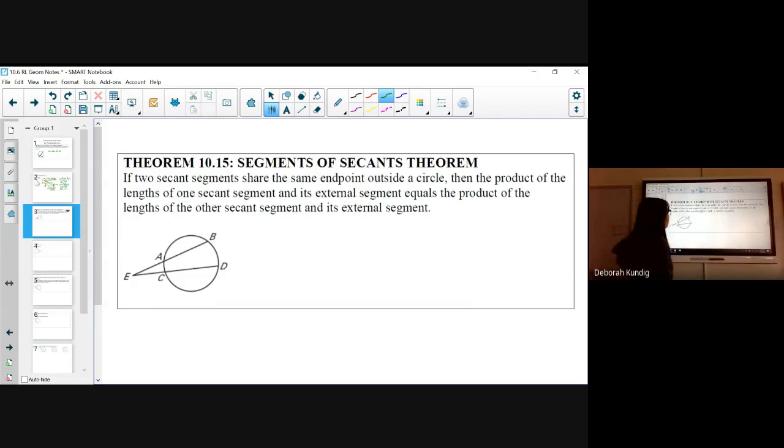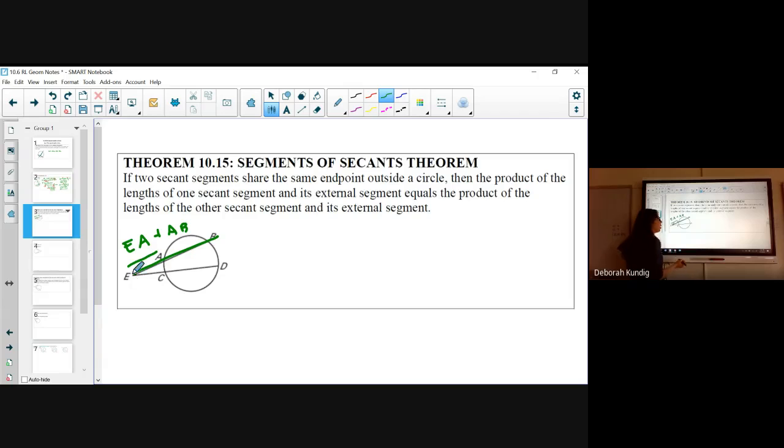The next one is the segments of a secant theorem. So again, before, when you saw it, it was outer minus inner divided by 2 is equal to that angle. Now we're not talking about the angles. We're just finding the lengths of the segments. So in this one, you have to be careful, because it's the outer times the whole. The whole is EA plus AB.